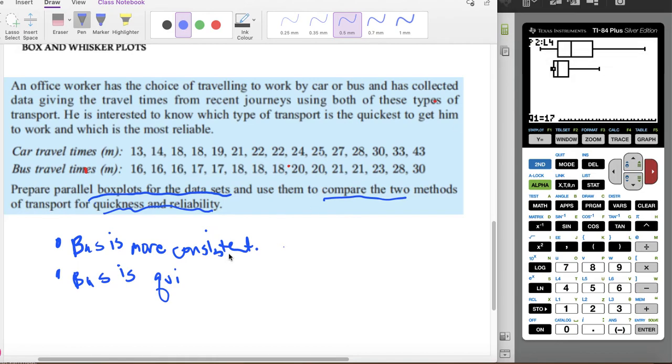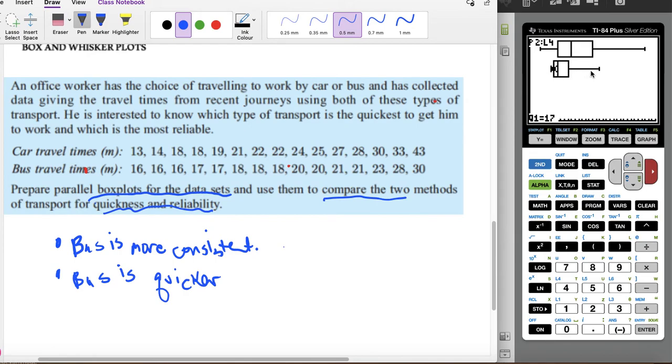But is that always necessarily true? No. Look at your cars. Your car is sometimes quicker because this is a slower time, but it's also sometimes much, much longer. So if you want to talk about quickness, the car could be quicker, but the bus is more reliably quicker, right? Because it happens more often.